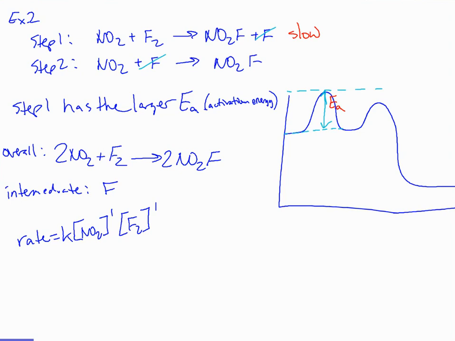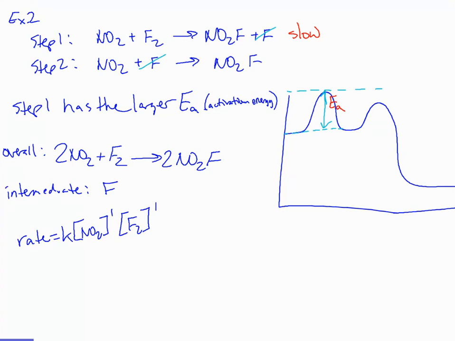And so if it had been step 2, then because the atomic fluorine wasn't one of our original reactants, it wouldn't show up in the overall reaction. So yeah, if that were the slow step, it would have been rate equals K, concentration NO2.